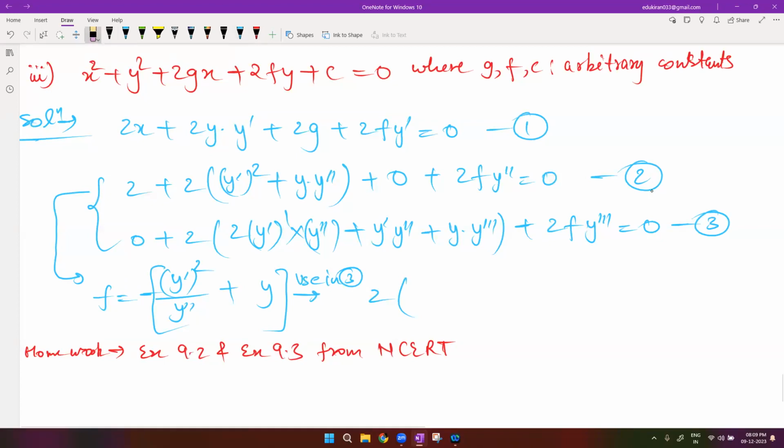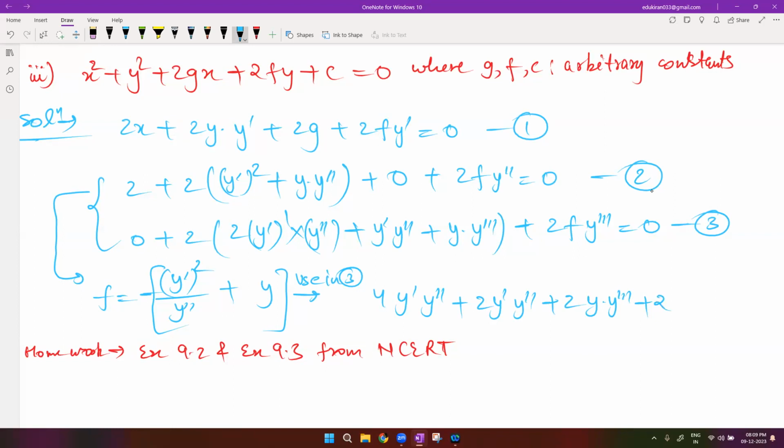So if we use this in the third, let's multiply them, all of them actually. This will be 4 y dash y double dash plus 2 y dash y double dash, plus 2y into y triple dash plus 2f.